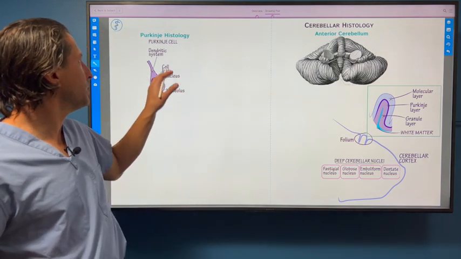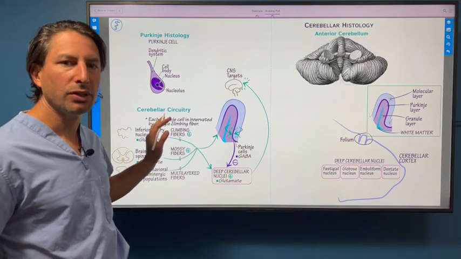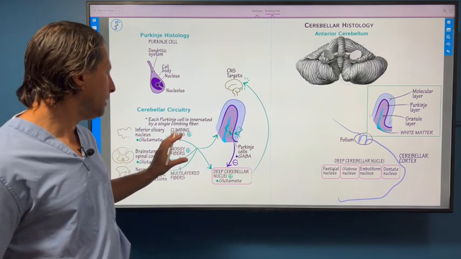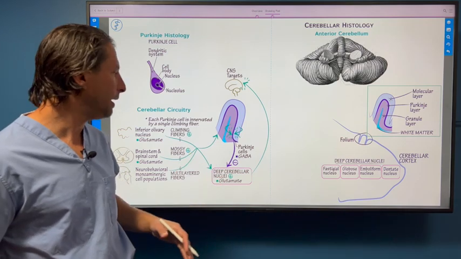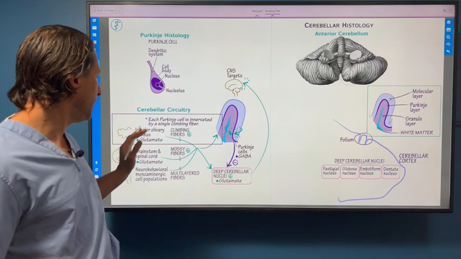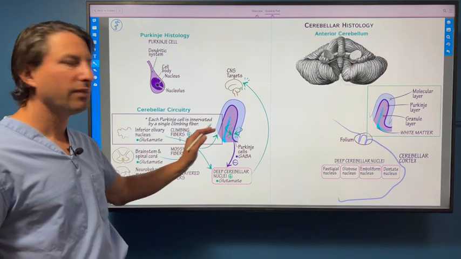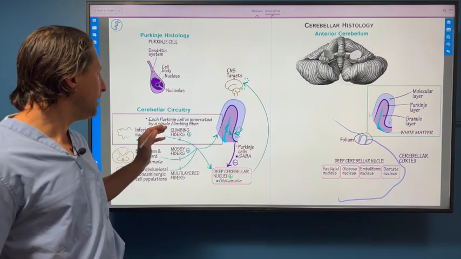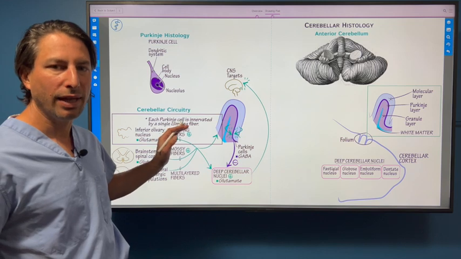This is just a representation of the Purkinje cell itself. And then we have this cerebellar circuitry here. It's complicated circuitry you can walk through in the tutorial on the site, but I just want to point out a couple key things. The first is that the inferior olivary nucleus sends climbing fibers up, and each Purkinje cell is innervated by a single climbing fiber.